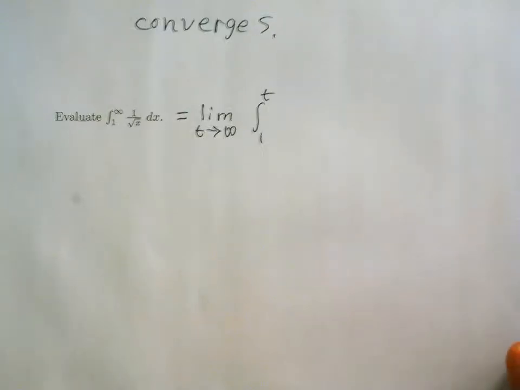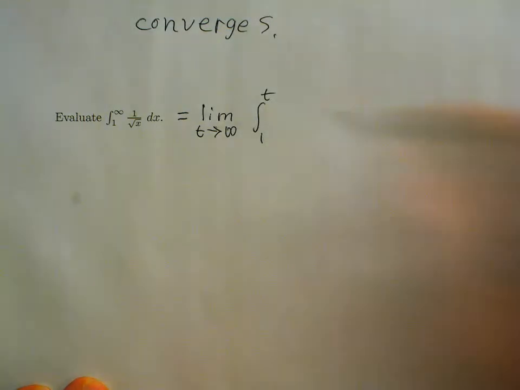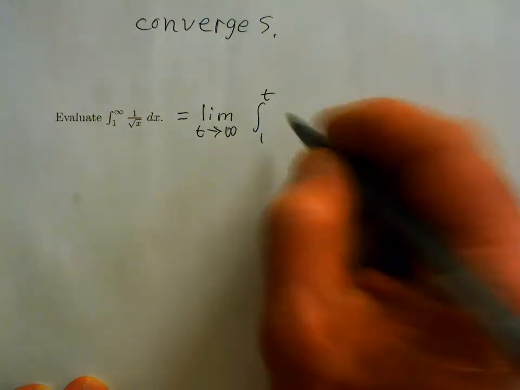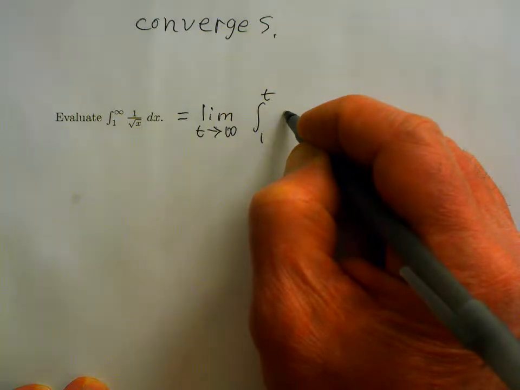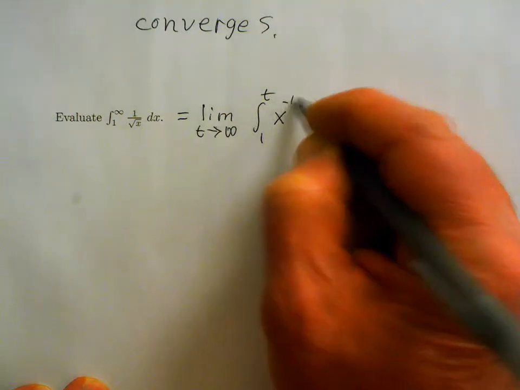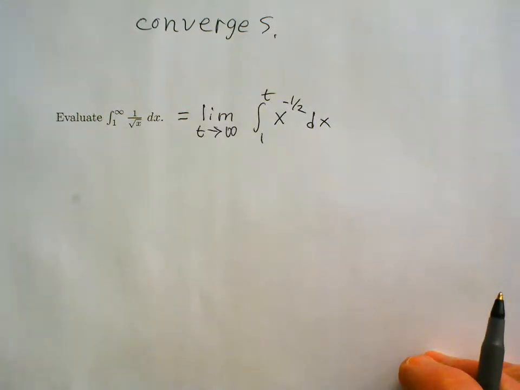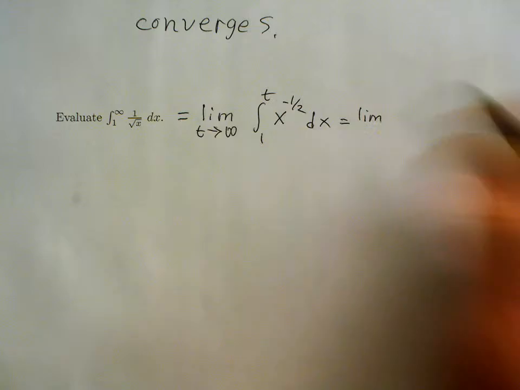For convenience, instead of writing 1 over the square root of x, what can I write? Well, convenience, because we want to find an antiderivative. So 1 over the square root of x is equivalent to x to the negative 1/2. And then we can compute an antiderivative.